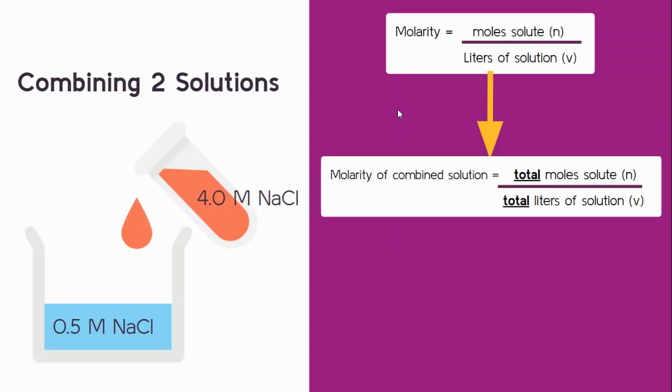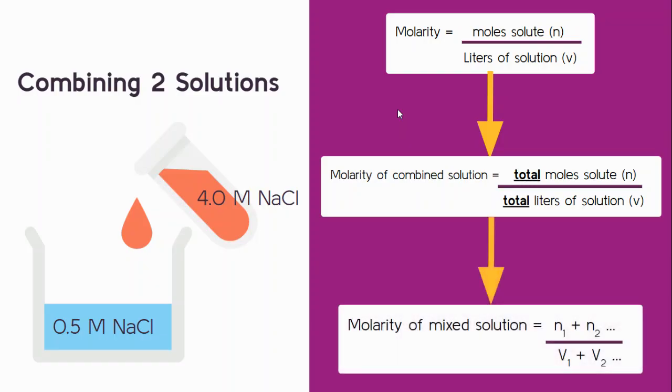When we combine two solutions together of differing molarities, all we need to do to find the molarity of the combined solution is take the total moles of solute divided by the total liters of solution, which means that we need to find moles of solute in our first solution and add it to the moles of solute in our second solution.